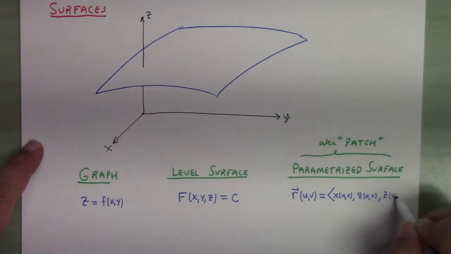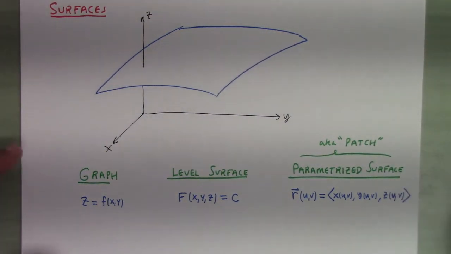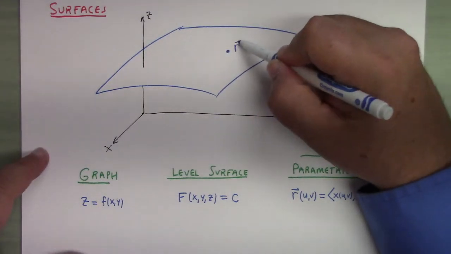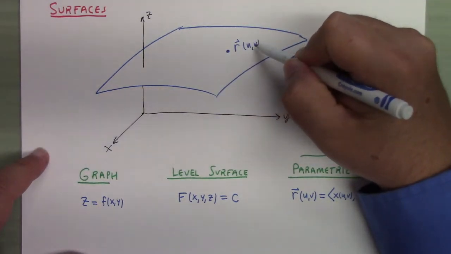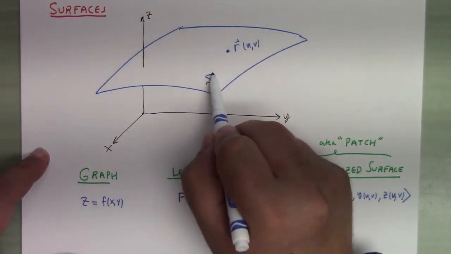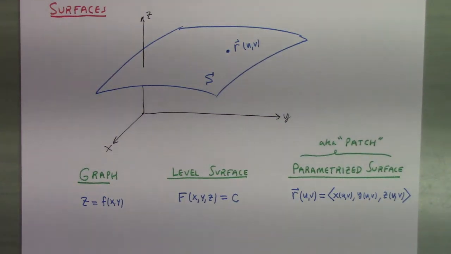Now u and v are just a choice. You could just as well choose s, t. r of u, v is a particular point on the surface, and I usually give the surface a name like S. So we've got these three viewpoints.